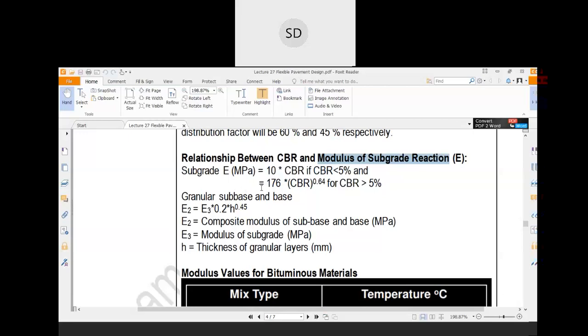Now, if the CBR value is more than 5%, in that case your value would be 176 into CBR to the power 0.64. So if you use this equation for a CBR value more than 5%, you can directly calculate the modulus of subgrade reaction.